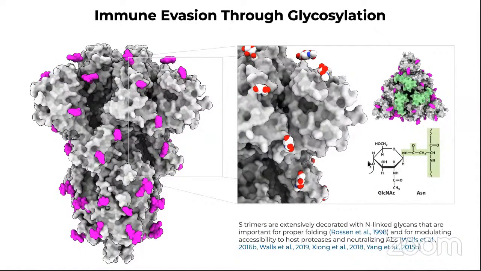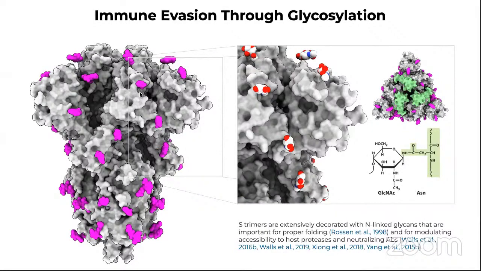Now, another aspect that we talked about was this ability of the virus to evade detection. And one of the ways that it evades detection is by these glycan molecules, so glycosylation. Essentially, the spike protein is covered with glycans that are preventing accurate detection of the full protein.